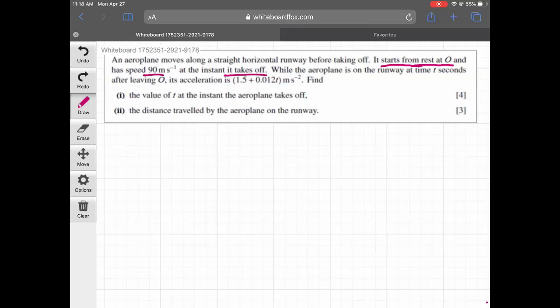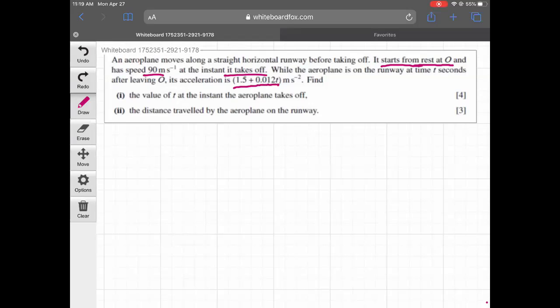So what that tells me is that the acceleration is not constant. So I can't use suvat, okay? Sometimes you would be trying to think, well, maybe I can apply suvat to a problem like this. But if we have a look at that expression, the acceleration depends upon t, which means that for every second that increases, the acceleration is going to increase.